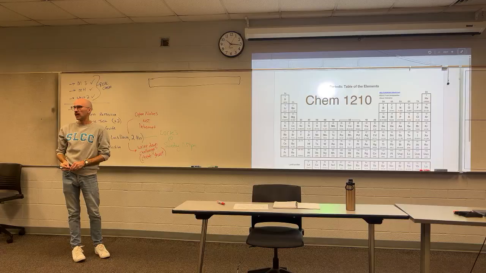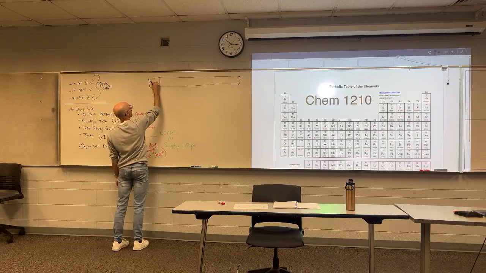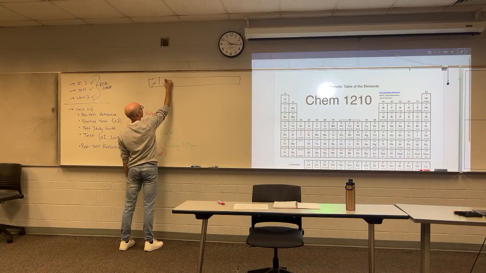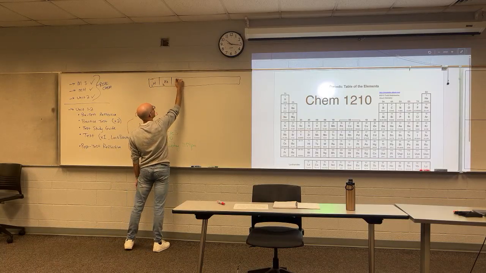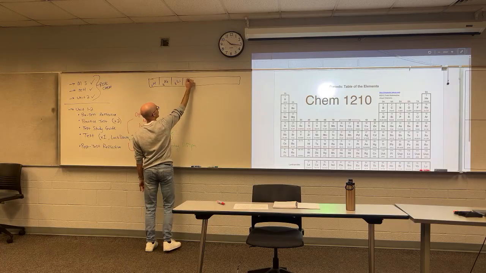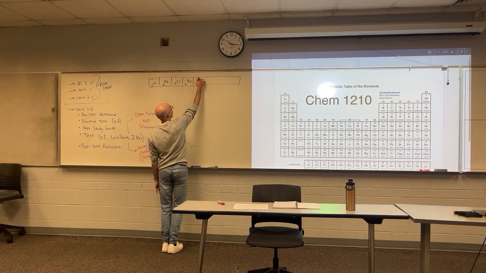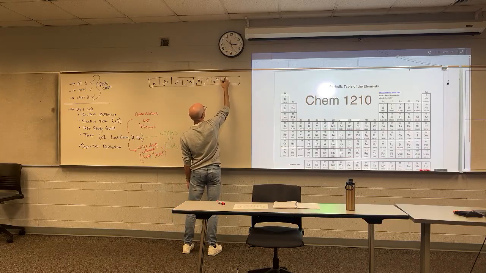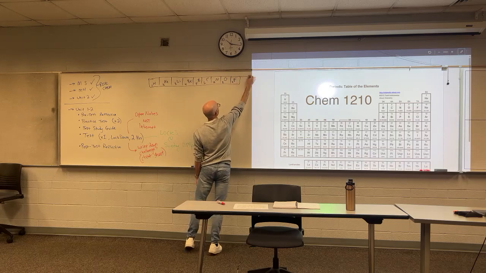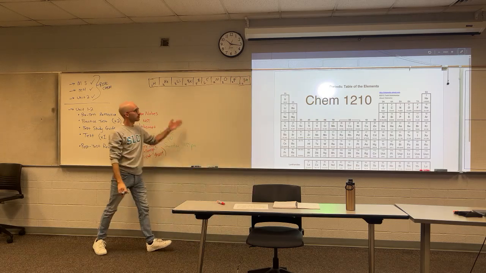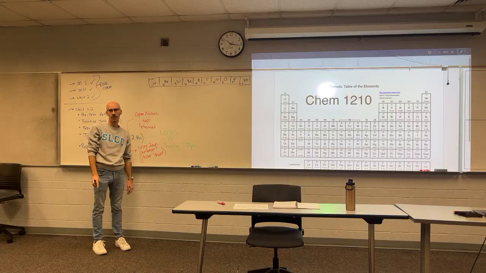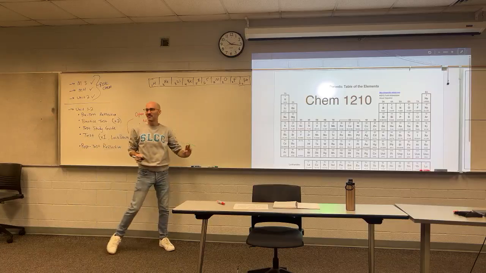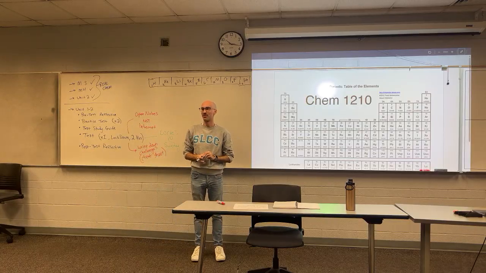In fact, the most obvious way to arrange the elements is just to rank them by the number of protons in their nucleus and then just keep going on. Why make it a table? Why not just call it a row of elements? The row of elements, it'd be really long. Be hard to put onto a sheet.